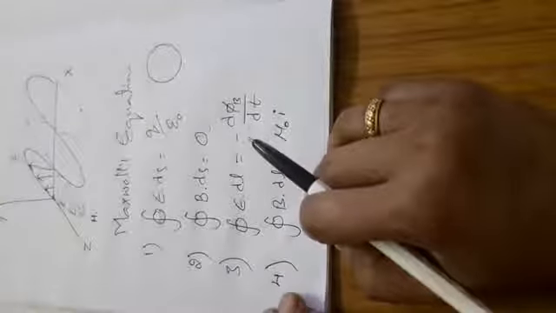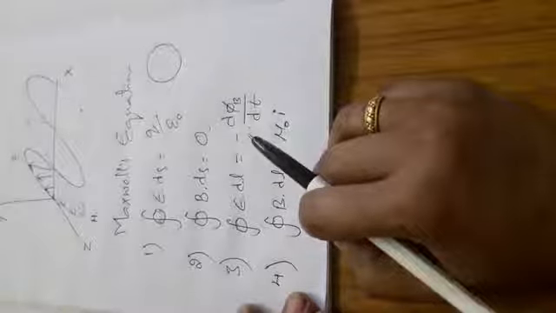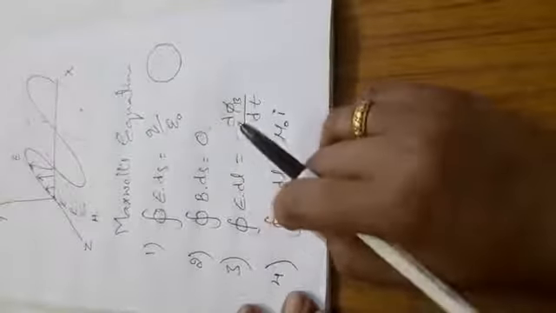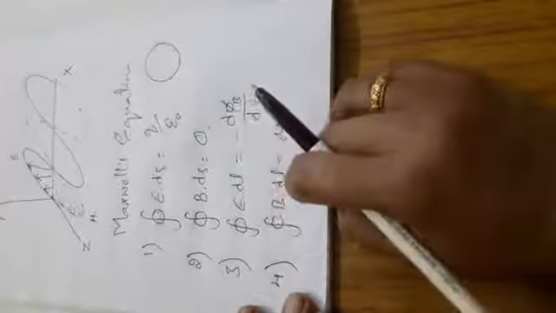So these are the four basic laws that Maxwell formulated for electricity and magnetism, and these are known as Maxwell's equations.